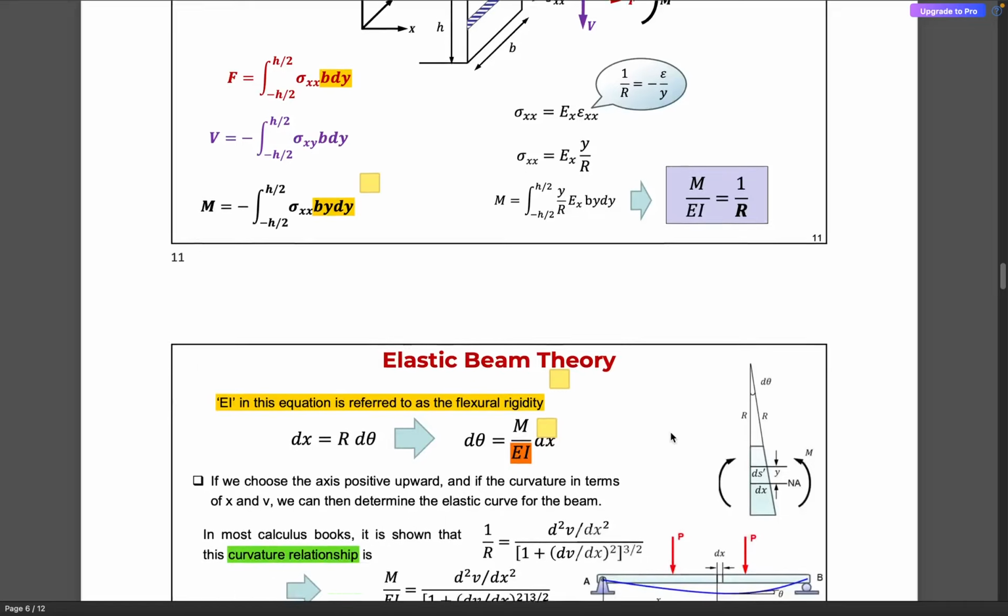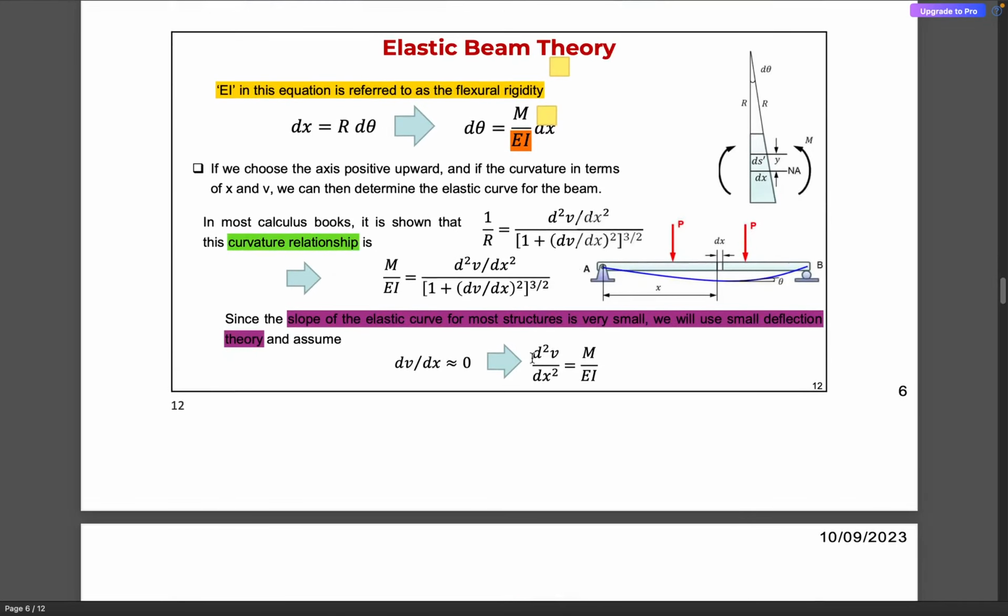Here, when we consider the mathematical expression for curvature, if we consider the vertical displacement at this particular cross section as v, the value of curvature, that is 1 by r, is represented as d2v by dx squared divided by (1 plus (dv by dx) squared) whole raised to the power 3 by 2.